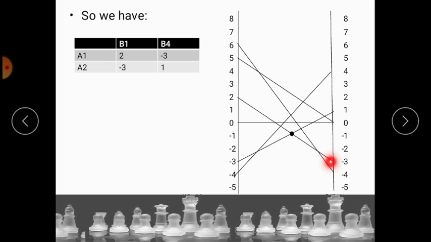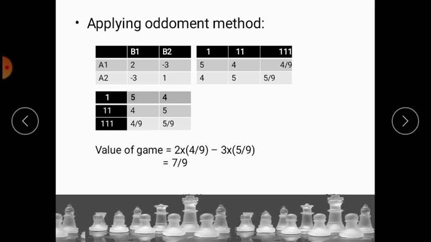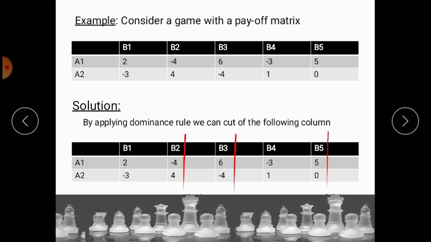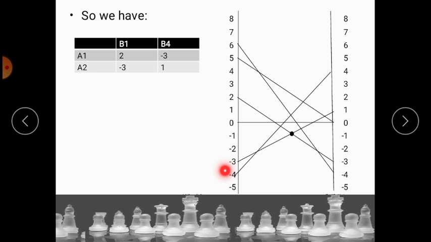So this is our first line. Second, the B2 column: we have minus 4 for the A1 strategy and the value 4 for the A2 strategy. So let us plot minus 4 and 4.